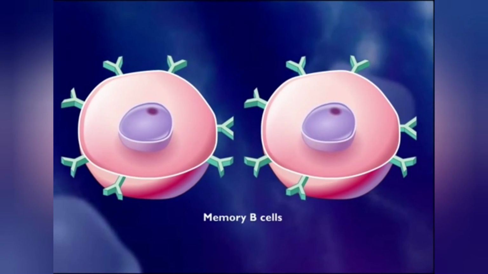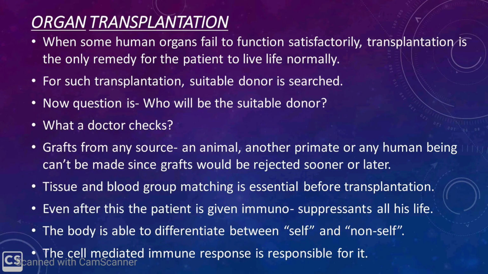This way, the antibodies help the macrophages identify the foreign agent. Along with this, B lymphocytes are also differentiated into memory B cells, which will memorize the antigen and will help in producing secondary response.